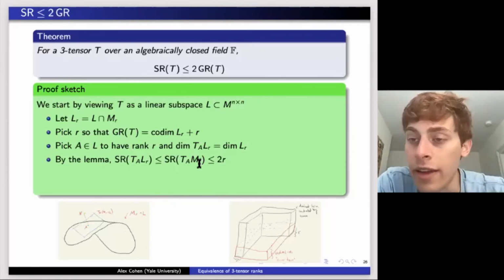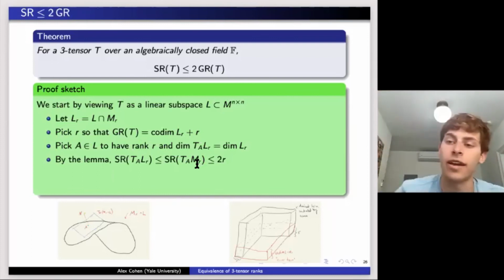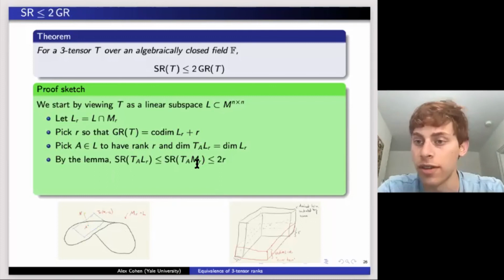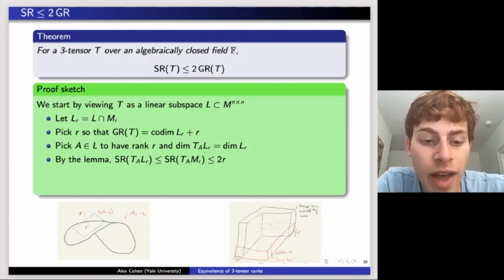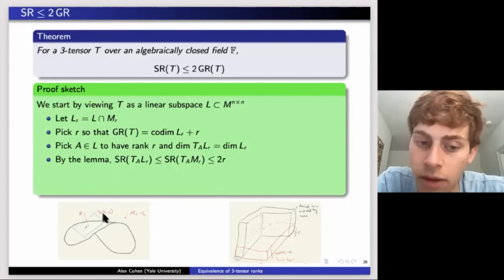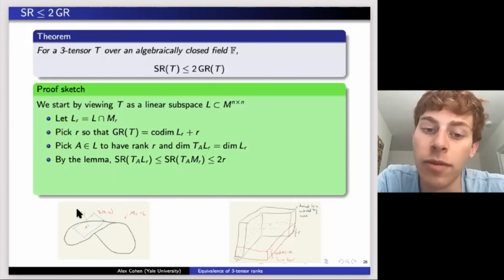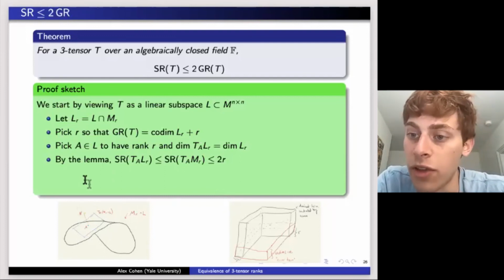But regardless, it has small slice rank, as we showed. We slice it up not according to the large dimensional stacks, but according to the two other directions. And so this subspace, the blue tangent space, is a subspace of L, and it has to have small slice rank, less than or equal to 2R.